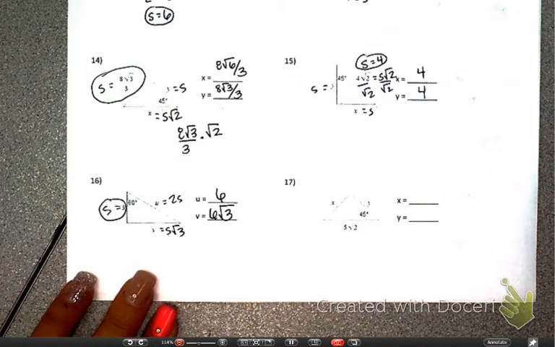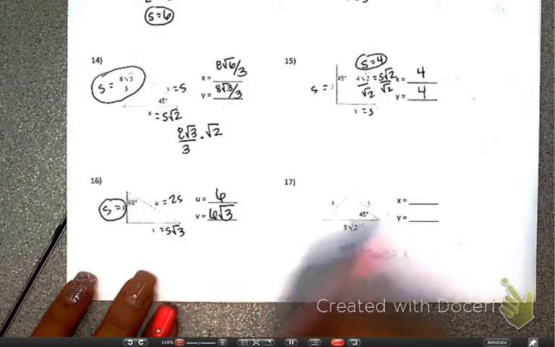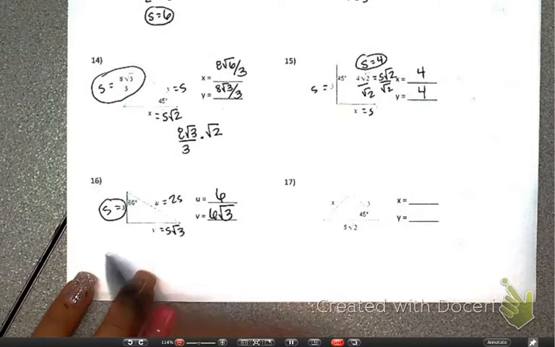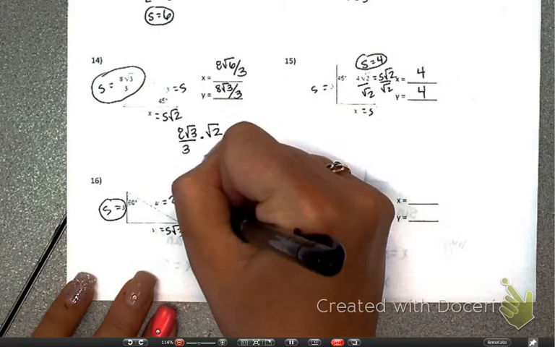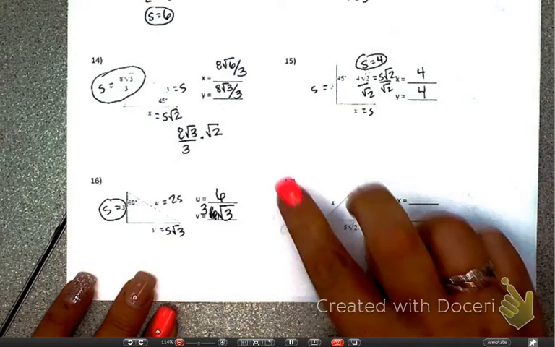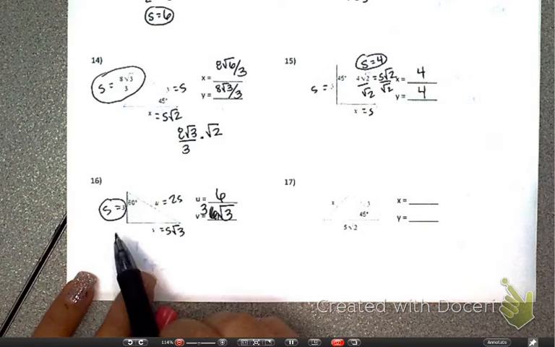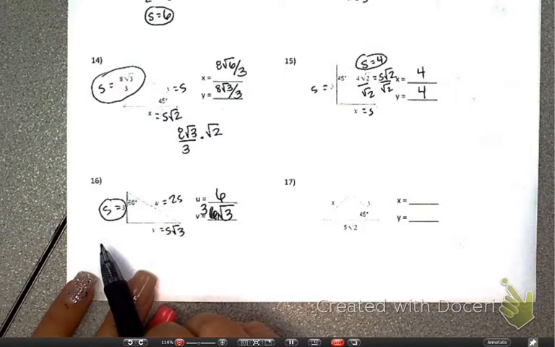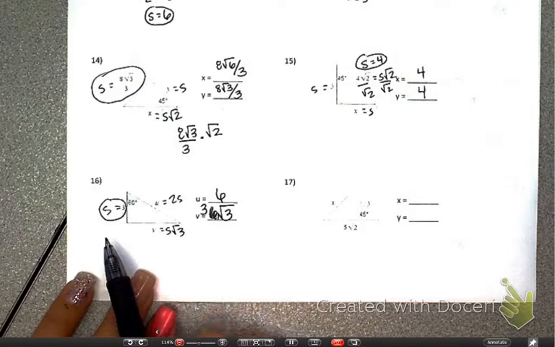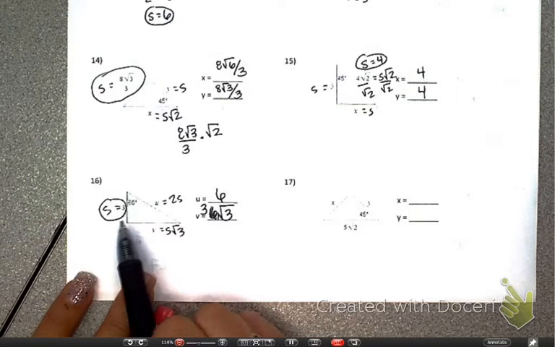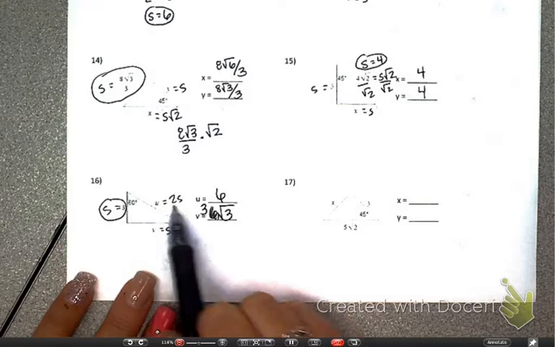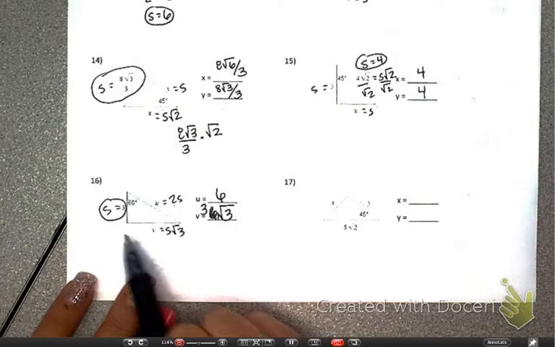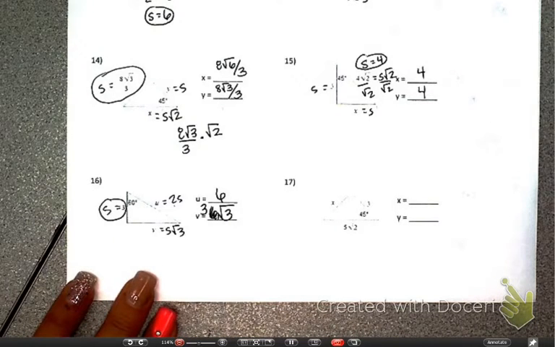Oh, sorry. 3 radical 3. I was using this 6, sorry. Okay, so that was my bad. I plugged 3 in here. 2 times 3 was 6. And then I needed to plug 3 in, not 6. I don't know what I was doing.